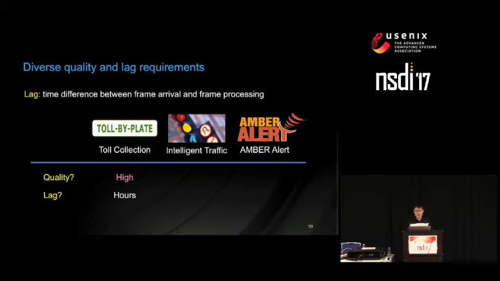A query counting cars to control traffic lights can work with moderate quality and get approximate car counts, but it will need the result in very low lag. However, the same license plate readers, when used for Amber Alerts, require high quality with almost no lag.